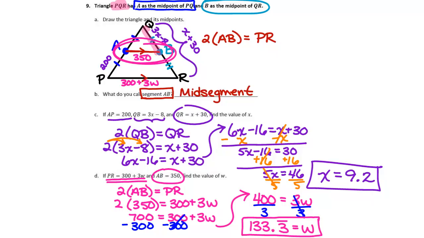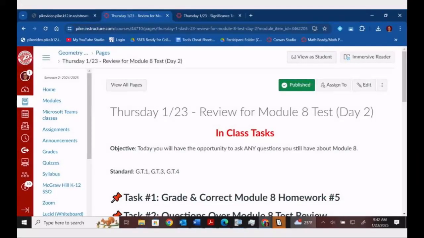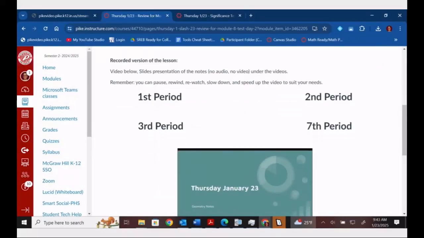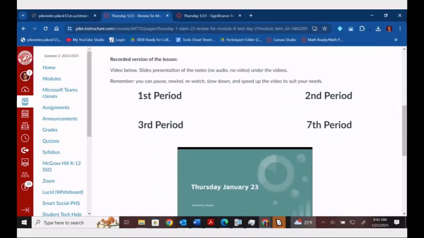We only have about 2.5 minutes left, which is not quite enough time for me to go over any other problems. However, on this page, I have posted the answer key. So this is the page for today, Thursday 123. You go to modules, you find Thursday 123. Scroll all the way to the bottom. I will have videos posted for all of my classes. Some of these are getting ready to go up next period.